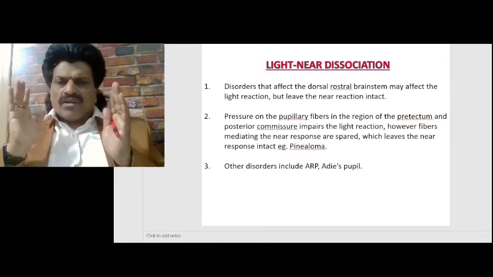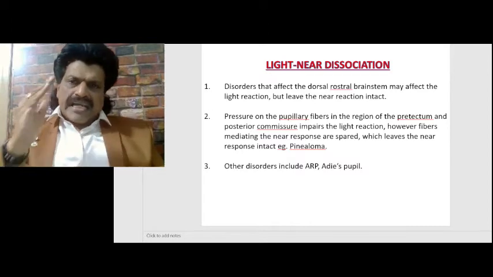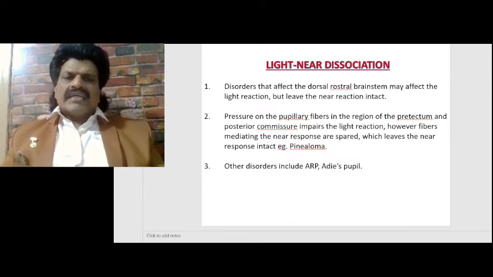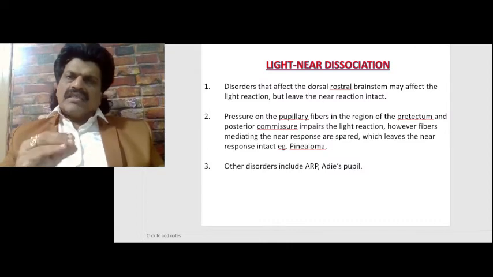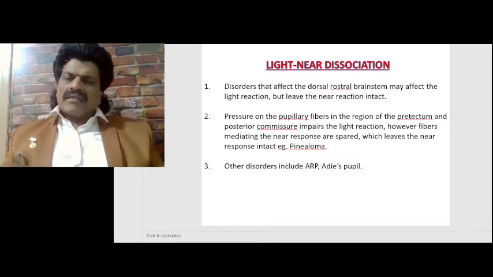Disorders that affect the dorsal rostral brainstem may affect the light reaction but leave the near reaction intact. Pressure on the pupillary fibers in the region of the pretectum and the posterior commissure impairs the light reaction. However, fibers mediating the near response are spared, which leaves the near response intact. Example, pinealoma. Other disorders include Argyll-Robertson pupil and Adie's pupil.